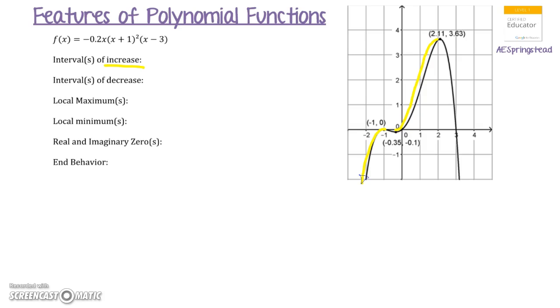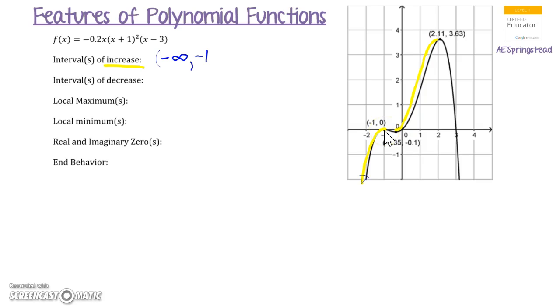So for this first interval of increase, I know that it goes all the way over to negative infinity because it keeps going to the left, and it's going to go all the way up to negative 1. So this point right here where it stops increasing.